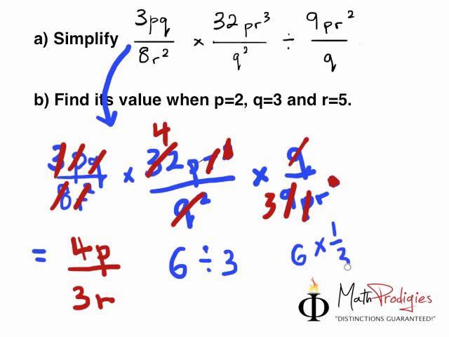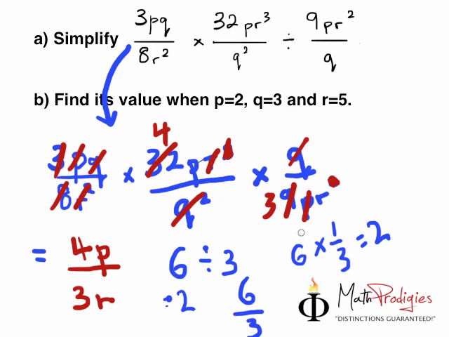The answer is yes. Here you get 2, here you also get 2. But how do we explain this? When you say something divided by 3, you're actually putting it below the number. So you put a line across, and you put 6 over 3, which is the same as 6 times 1 over 3.